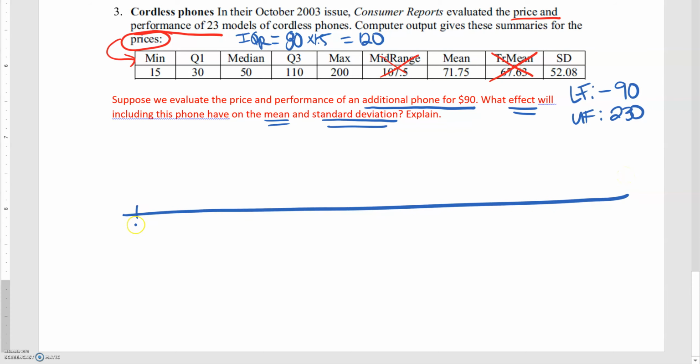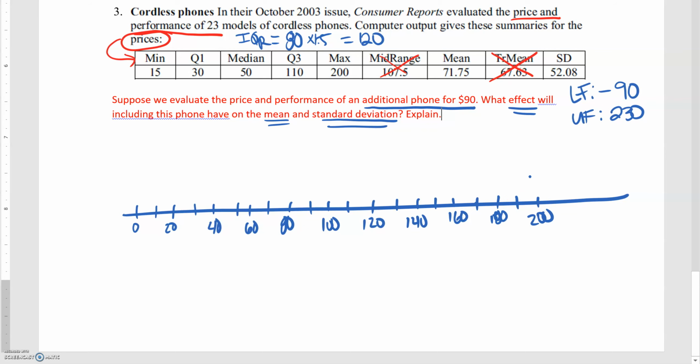So here's my 0, 10, 20, 30, 40, 50, 60, 70, 80, 90, 100, 110, 120, 130, 140, 150, 160, 170, 180, 190, and 200.